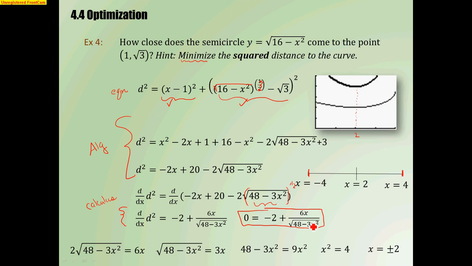Plug in 1, I will get a negative. Plug in something above 2, like 3, and sure enough, I get a positive. This is the derivative of d squared on top. So what can I say about d squared? The distance squared changes from decreasing to increasing, therefore x equals 2 is indeed a minimum.